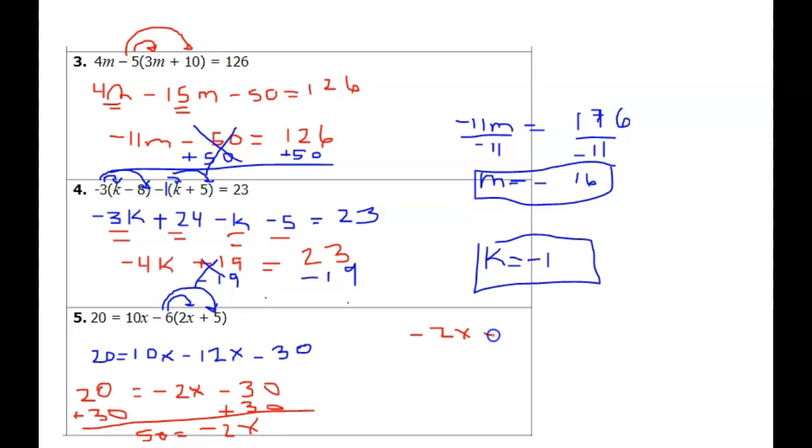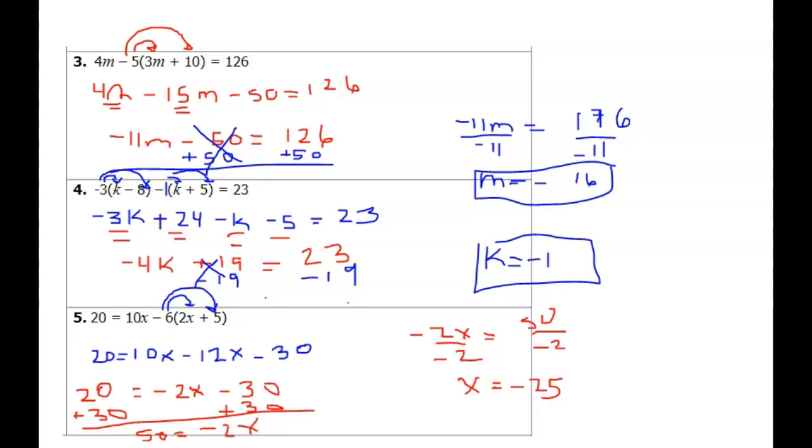I want to get it by itself. So I'm going to divide each side by negative 2. So I would end up with x equaling negative 25. Okay, x equals negative 25.